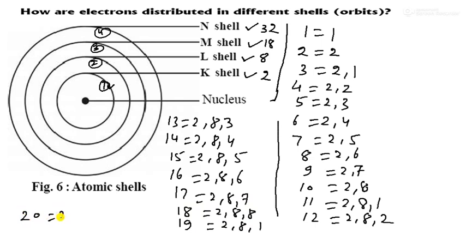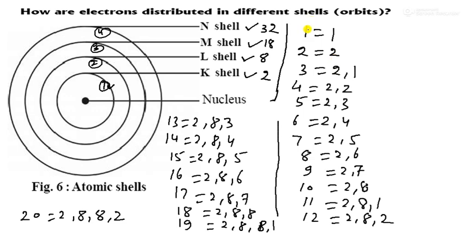If it is 20, it is 2, 8, 8, 2. So this is the electronic configuration of the atom.